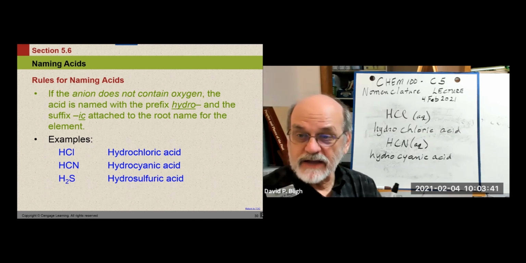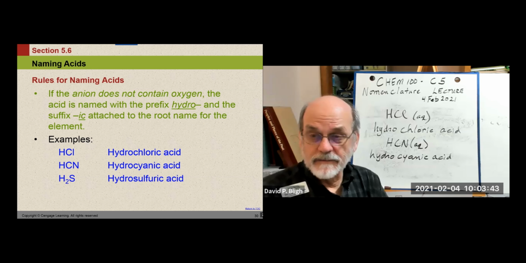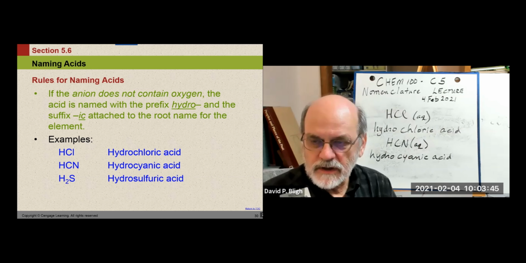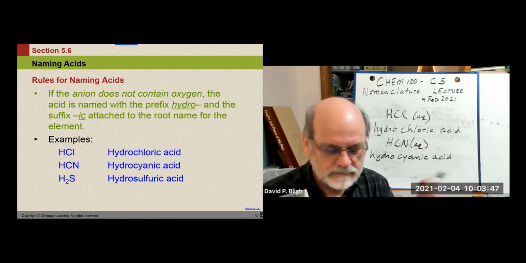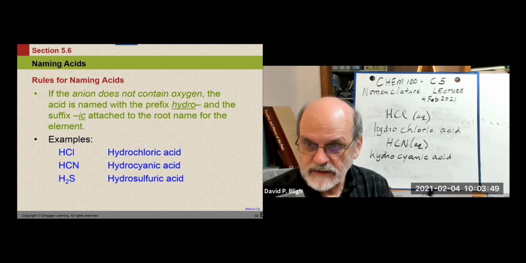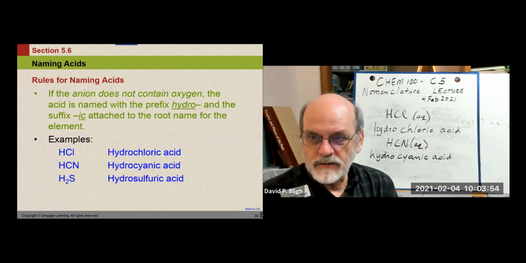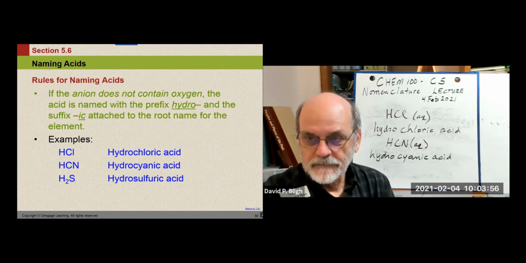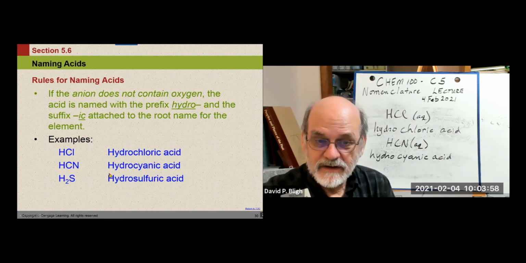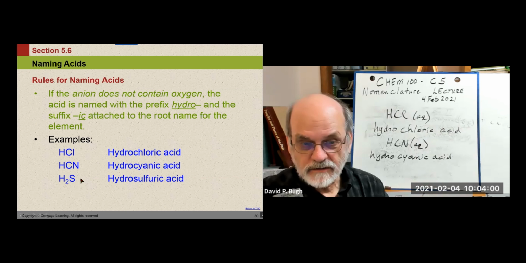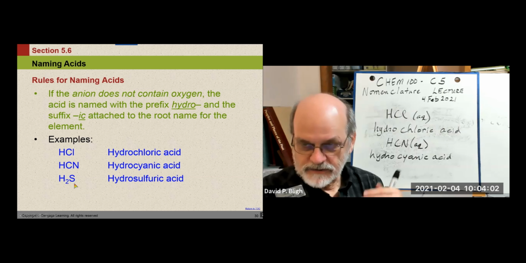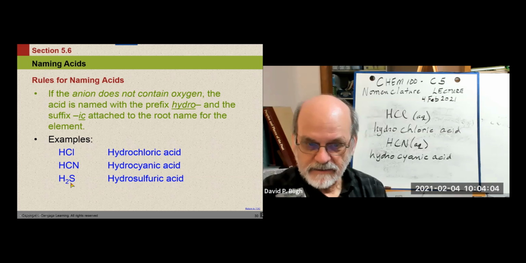Here we have one, H2S, right? If you've ever been to Sulphur Springs out in Greenbrier County or thereabouts, you know what hydrogen sulfide smells like. Hydrogen sulfide gas, not in solution, H2S, is just that, hydrogen sulfide.